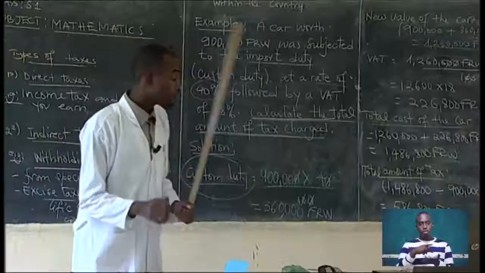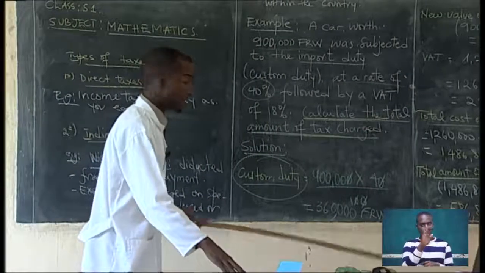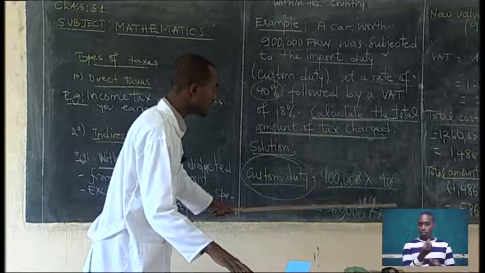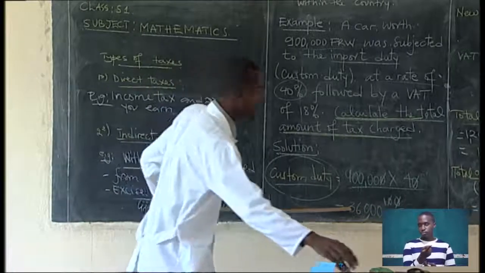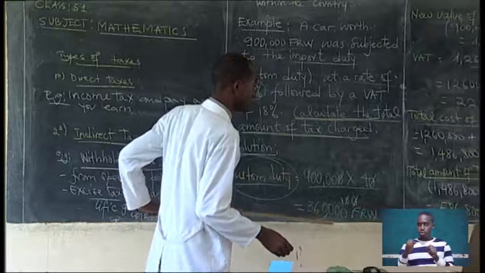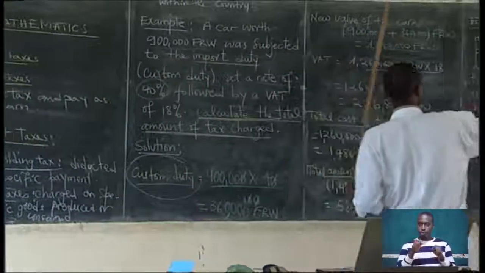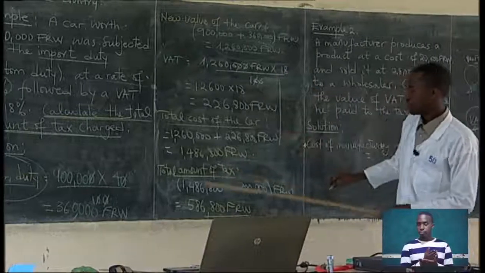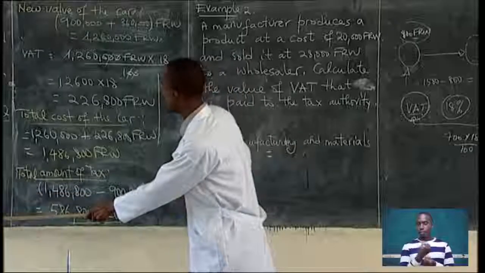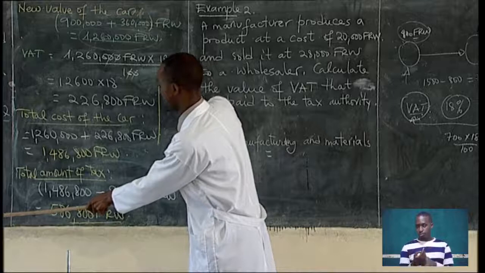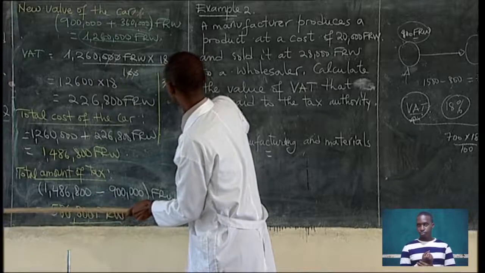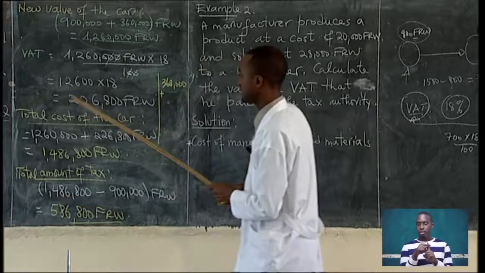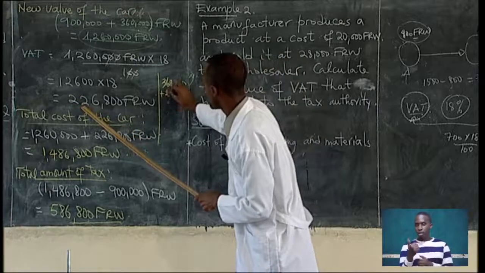There is another way you can calculate that. You can take this money, 360,000, and you add this one, 226,800.